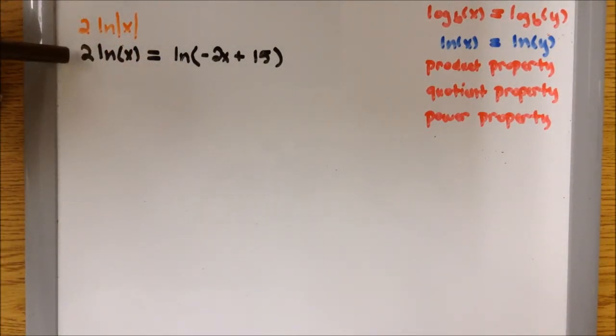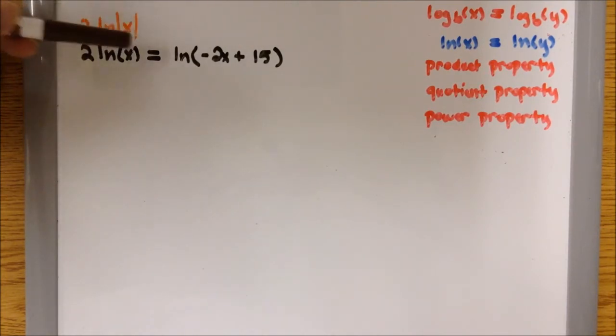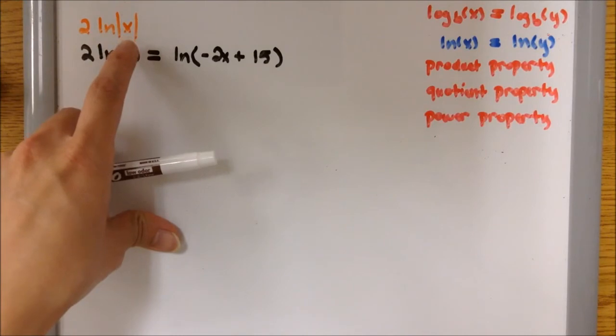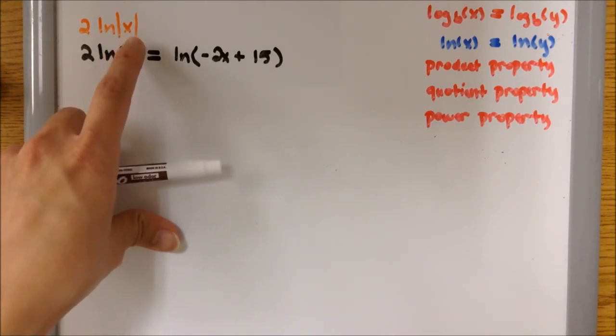In our example 3, we have 2 natural log of x. It's just parentheses. Now the one above it, 2 times natural log of the absolute value of x. Just to review, the absolute value of x is what makes the inside become positive, regardless of whether it's already positive or negative.